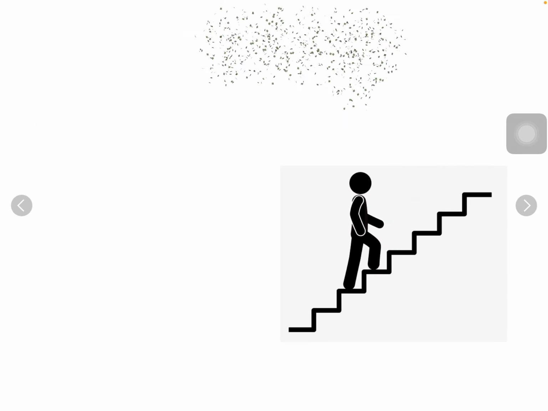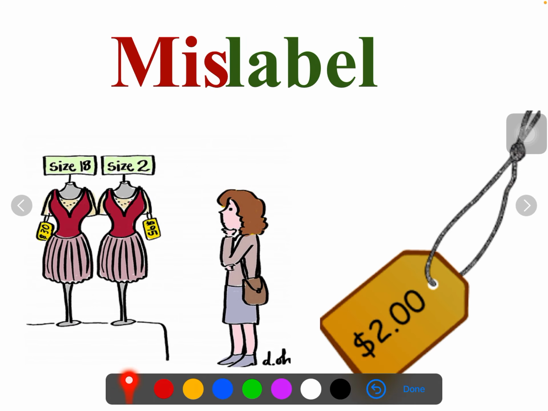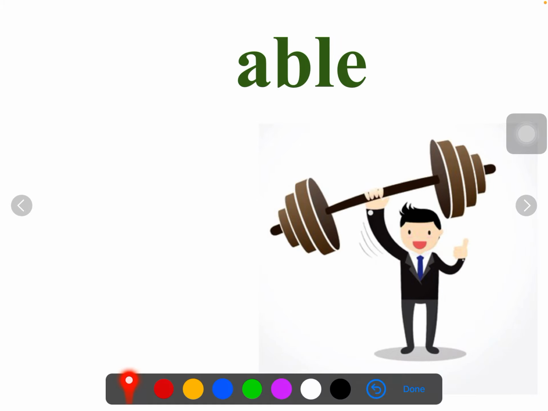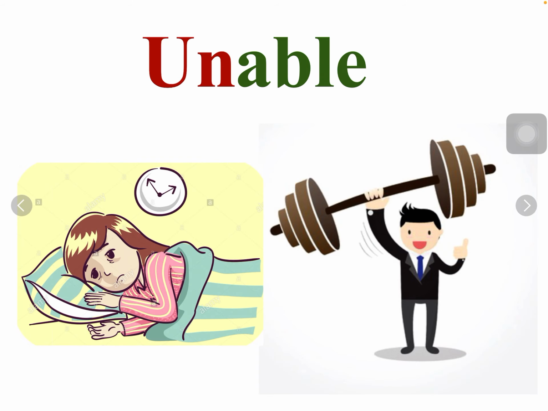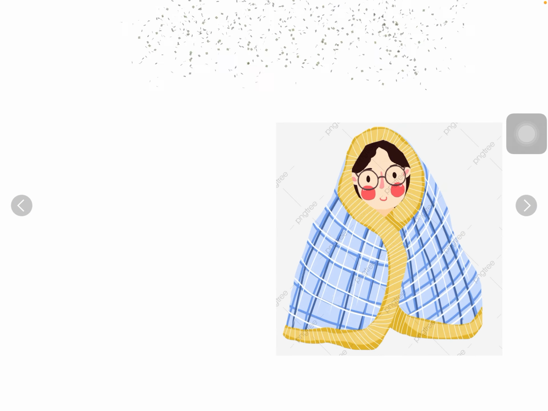When you add the prefix, mislabel means it's not correct. Mislabel, not correct, wrong label. And able, when you say I will be able, it means you can do something, but unable, you cannot do anything, like cannot sleep in the picture.